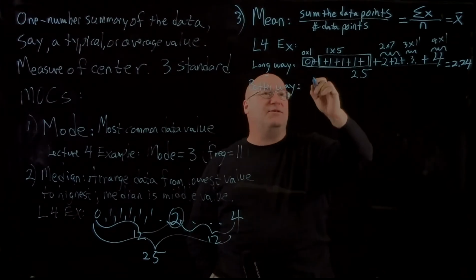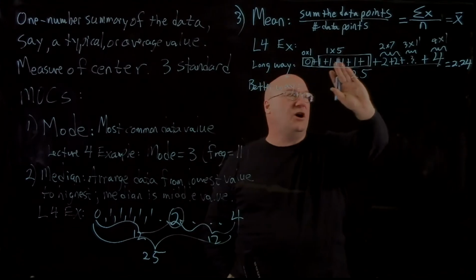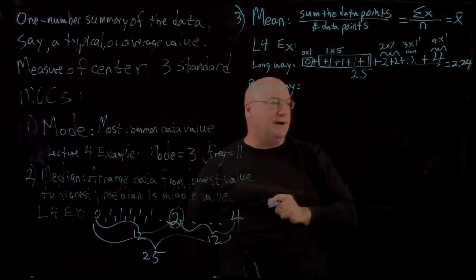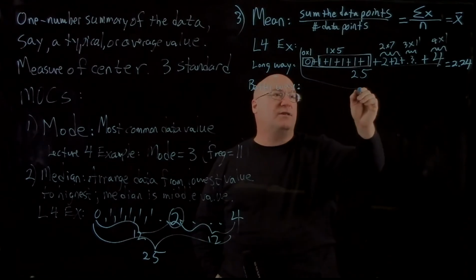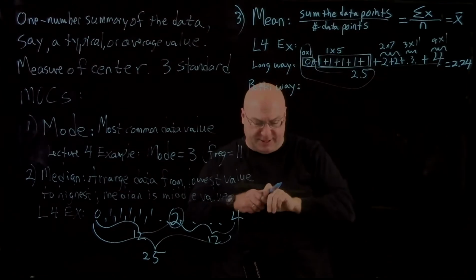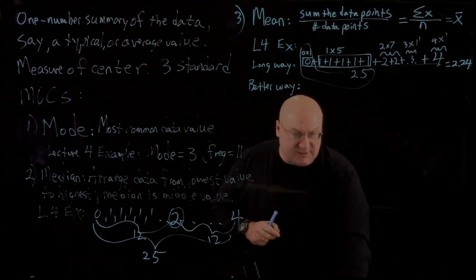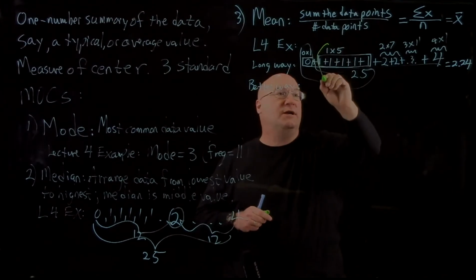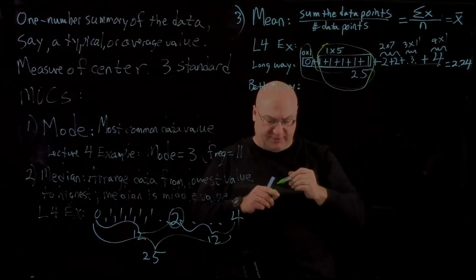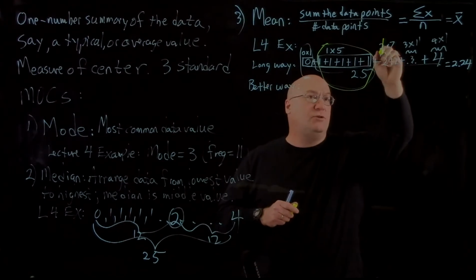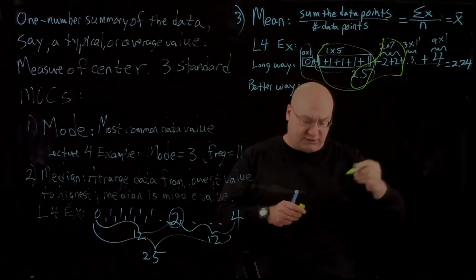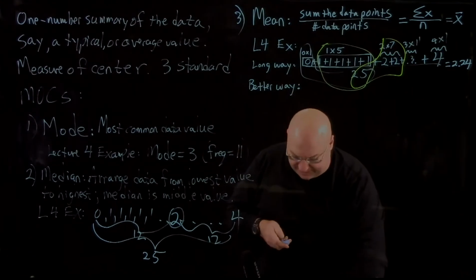Let's break these up. This is all divided by 25, right? So let me think of the sum of all the zeros over 25, and then the sum of all the ones separately over 25, and then the sum of all the 2s separately over 25, et cetera, and look at what I really have.